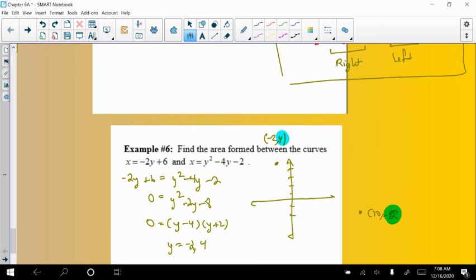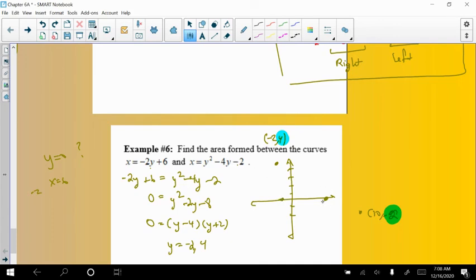Like, for example, let's pick y equals 0. What's happening at y equals 0? Because y equals 0 is on the x-axis. One's going to be farther right than the other. So in this one, when y is 0, the x value is 6. When this one, y is 0, the x value is -2. So at 0, the line is at 6, where the curve is at -2.